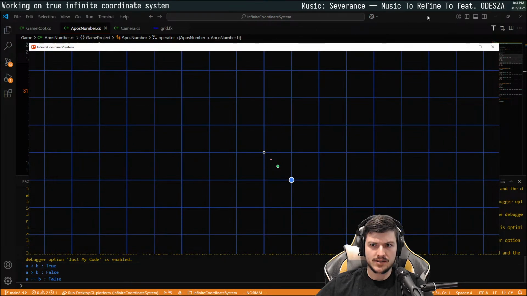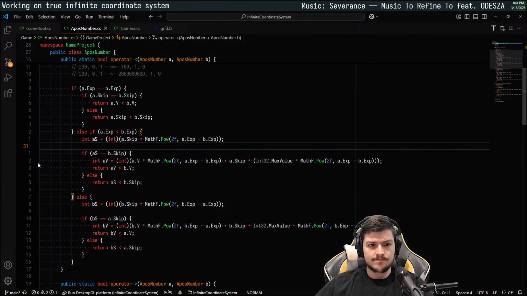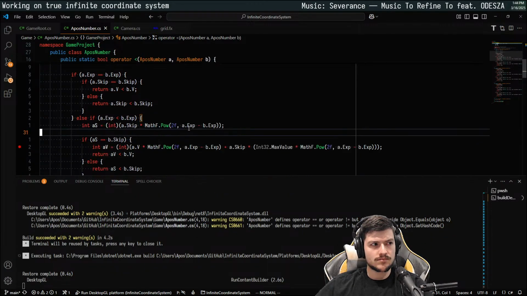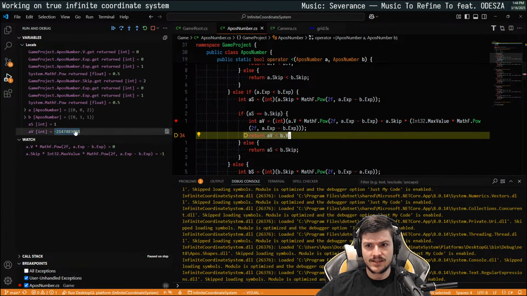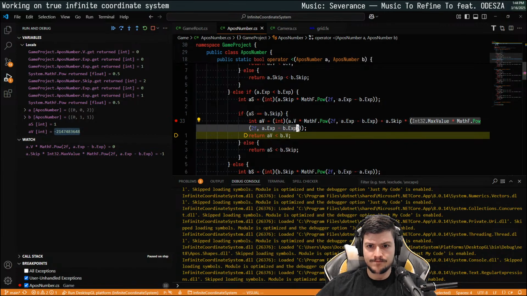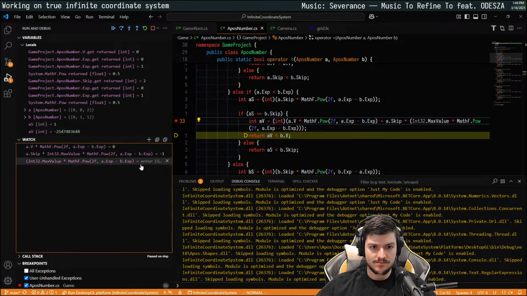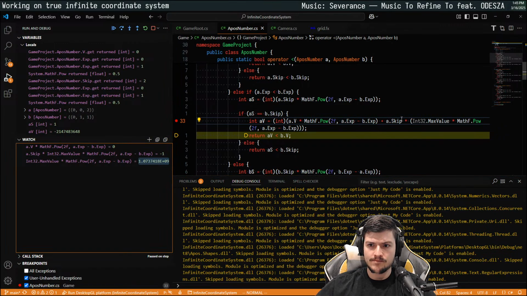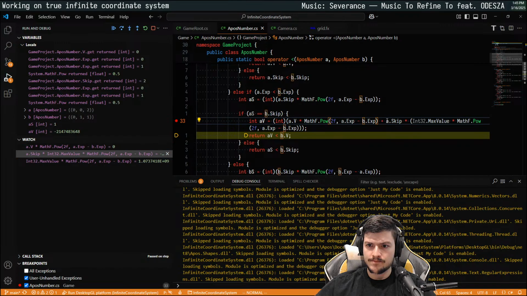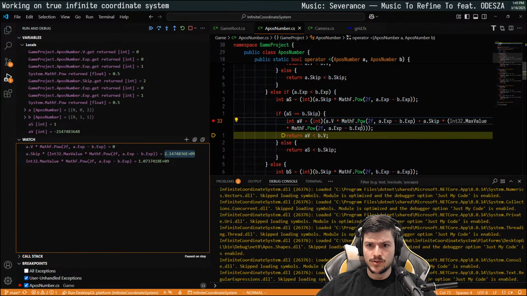No, it still thinks A is smaller than B. Negative number. One. 2. 2 point something.